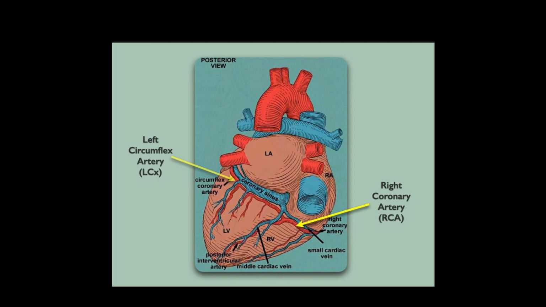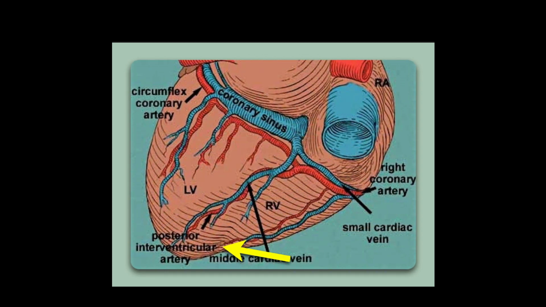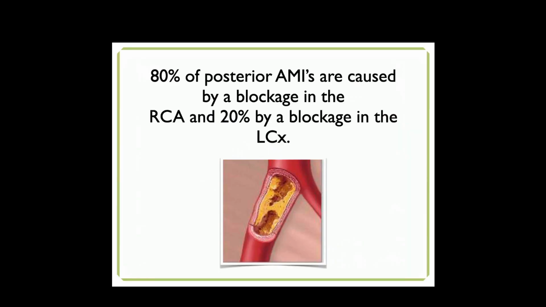A lot of times the posteriors have to do with the posterior interventricular artery, okay? Don't need to remember that part. So 80% of posterior MIs, acute MIs, are caused by a blockage in the right coronary artery and 20% by a blockage in the left circumflex.